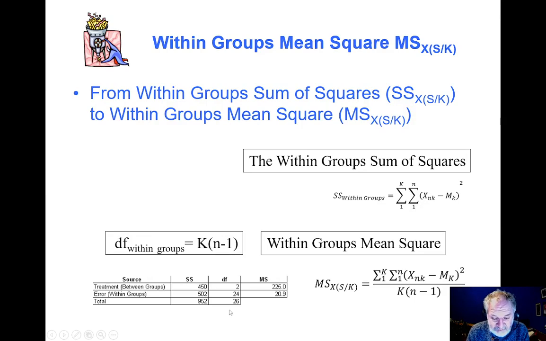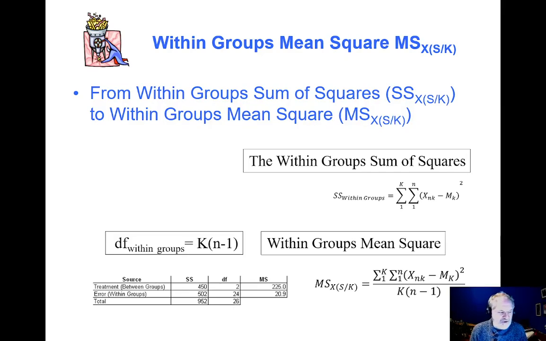The degrees of freedom total was 26, and the between groups degrees of freedom was 2. So whereas my sum of squares were additive, 450 plus 502 adds up to 952, the same goes for my degrees of freedom. 2 for between groups plus the 24 within groups adds up to the total degrees of freedom 26.